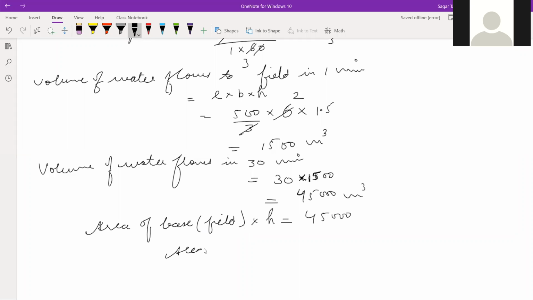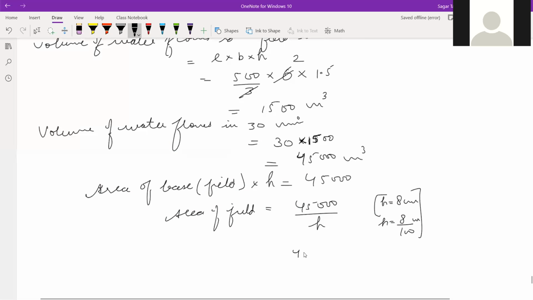So area of field is equal to 45,000 divided by H, where H is 8 centimeter, or in meters, 8 by 100 meters.